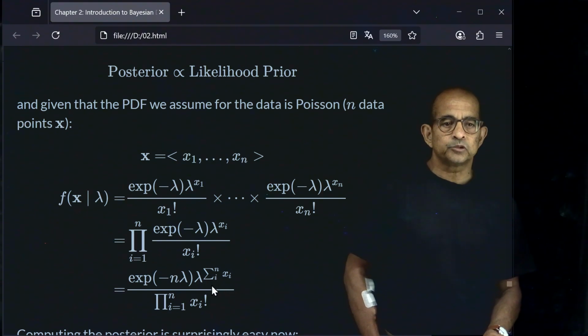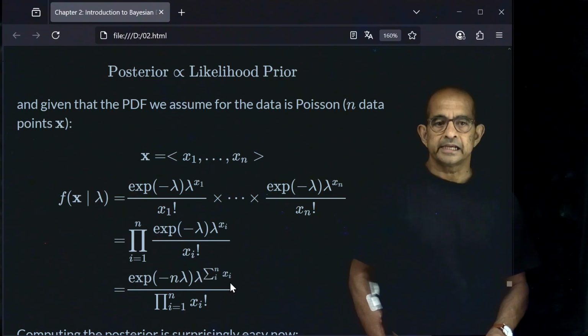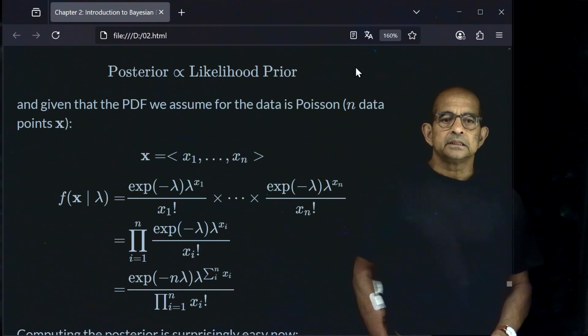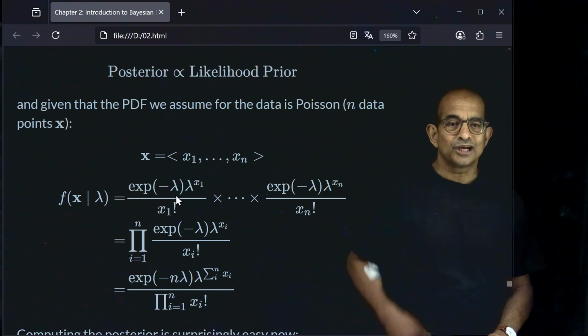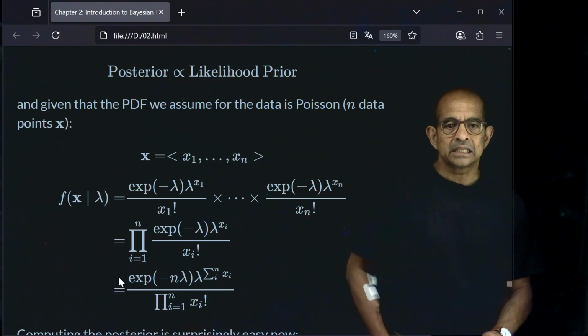Because I have these exponents, I'm going to sum up those exponents, right? And so that's why I end up with lambda to the power of the sum of all the x's. Similarly, the exponential part here, exponent minus lambda, is repeated n times. That's how I end up with exponent minus n times lambda.